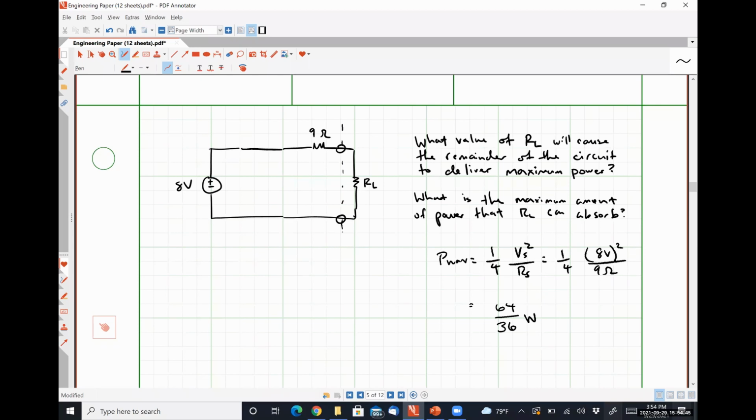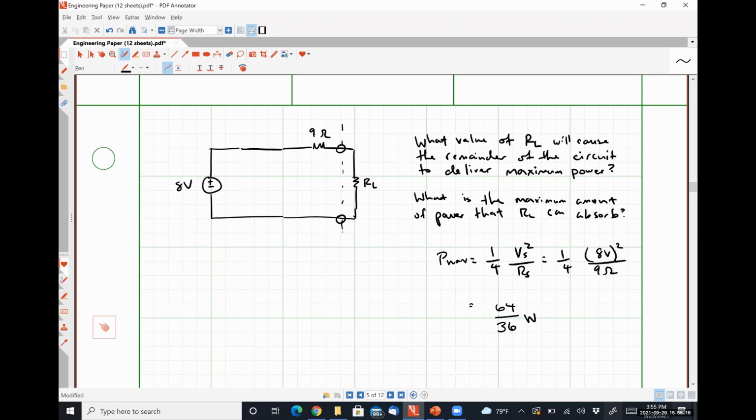Specifically, what is the maximum amount of power that can be delivered to that resistor RL, which means RL has to be non-zero and non-infinity, because if it's 0 ohms or infinity ohms, no power is delivered. A short circuit absorbs no power, and an open circuit also absorbs no power, because in one case the voltage is 0 and in the other the current is 0.